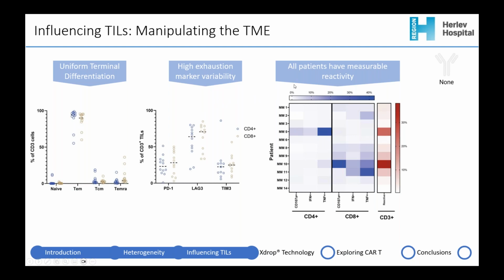And also, very important, we wanted to see their reactivity when stimulated with tumor. All of the patients did have a measurable reactivity to the tumor. This is important, showing that patients that did receive 1 or even 3 lines of checkpoint therapy did produce functional TILs.